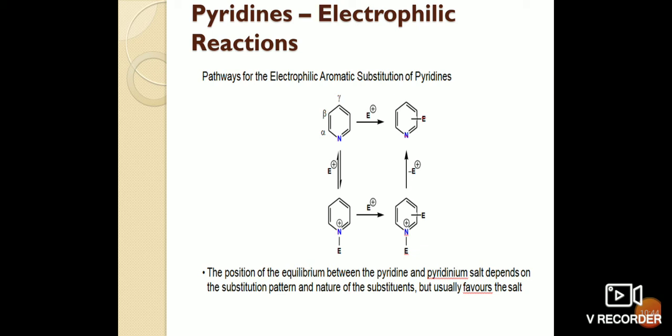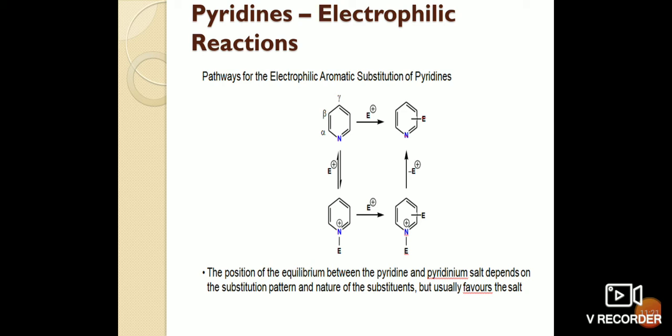Here we see that when there is an attack of an electrophile, the electrophile attacks on nitrogen and forms a salt. Now further, the ring is available for the substitution, and there is a substitution in the ring with hydrogen as a leaving group and electrophile as a substituent, and therefore forms electrophilic aromatic substitution.